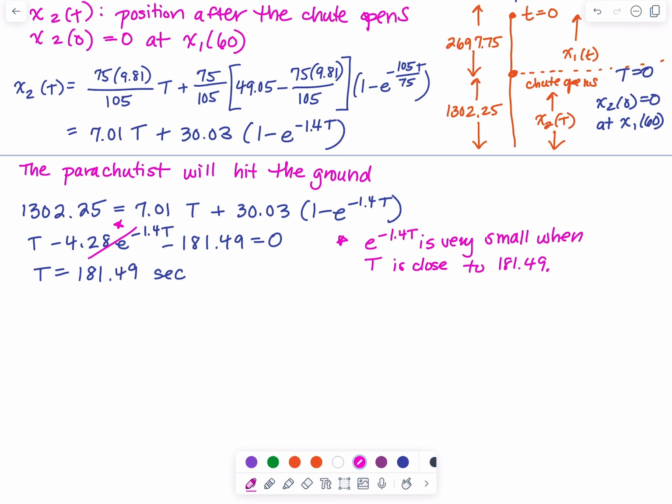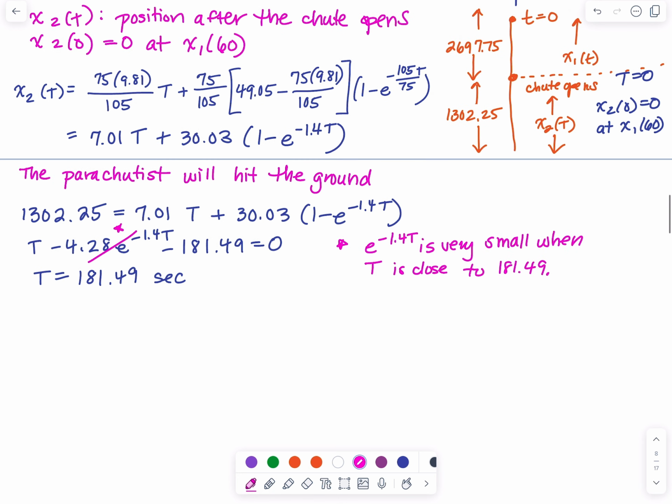So the parachutist will strike the ground 181.49 seconds after the parachute opens.